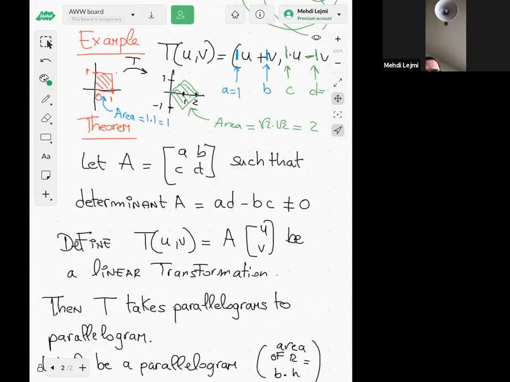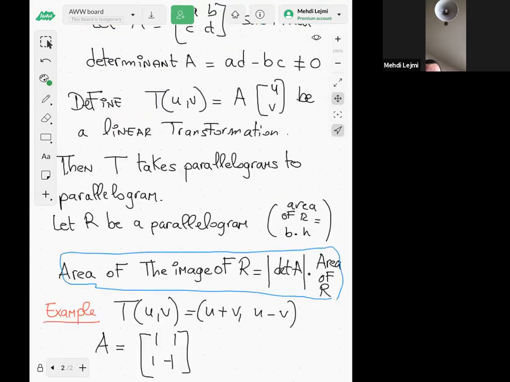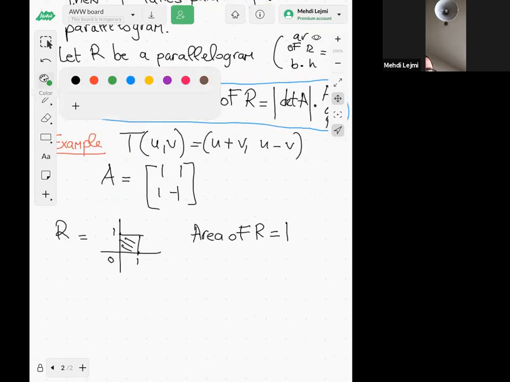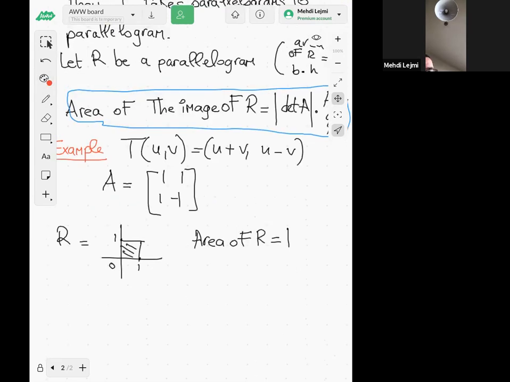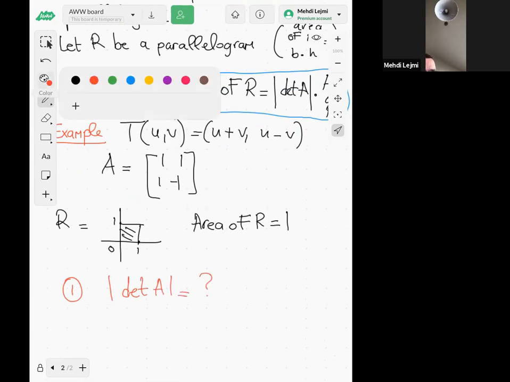This is the image of R, right? Now, let's apply the formula. So what would be the area of the image of R? Well, first, we have to compute the absolute value of the determinant of A. So what's the determinant of A?